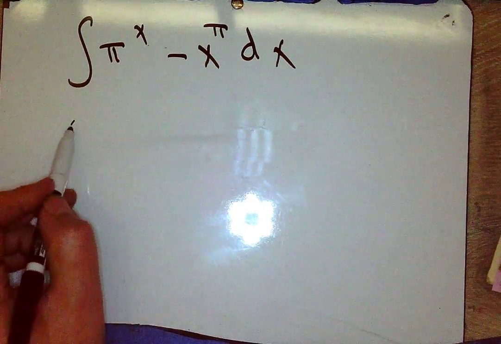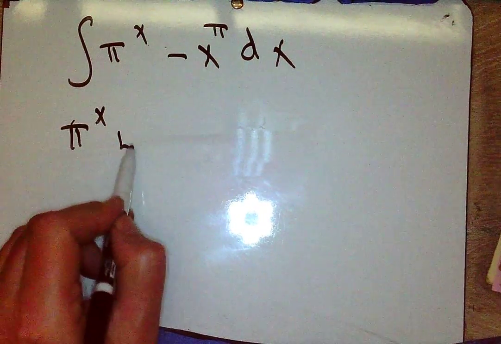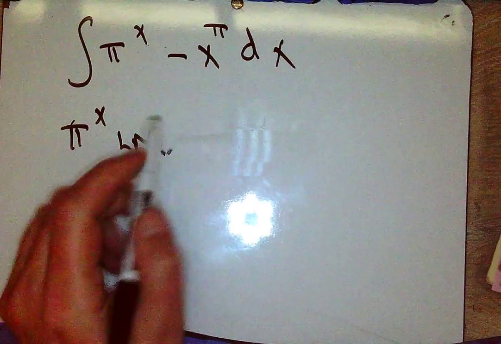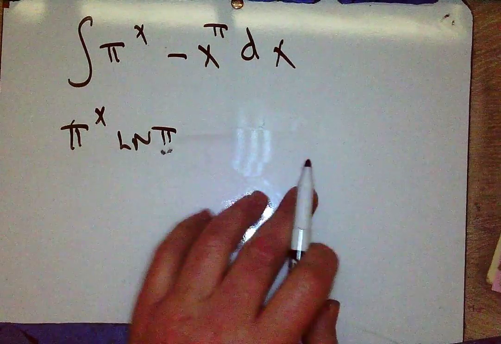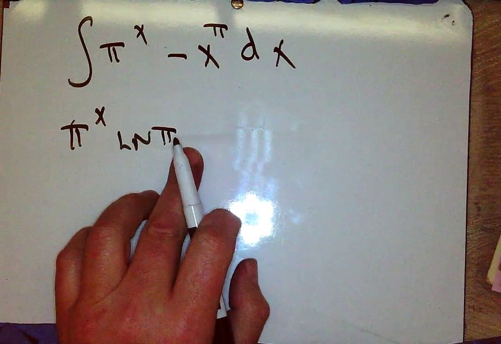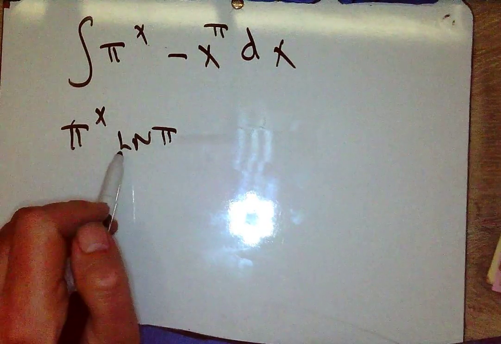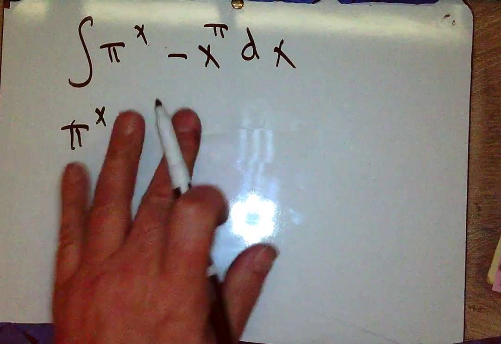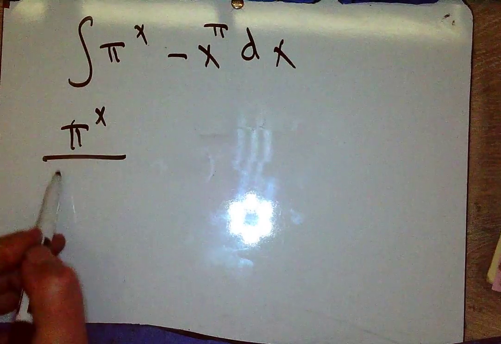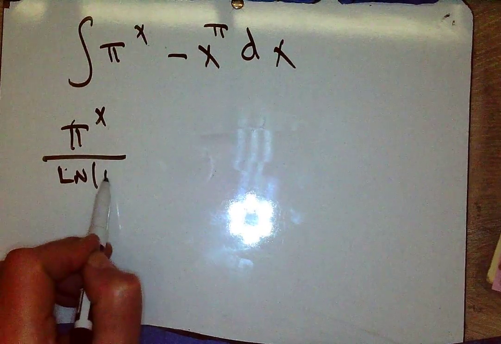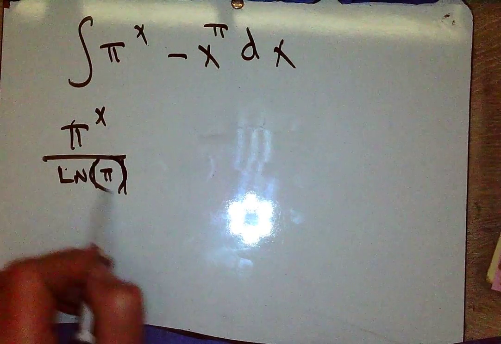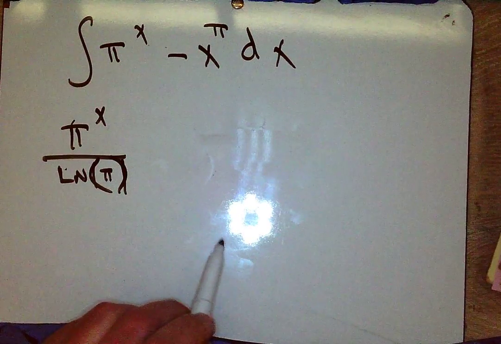The antiderivative here, pi to the x ln pi. No, Mr. Kukla. Come on. This is the derivative of pi to the x. We need the antiderivative. So ln of pi on the bottom. Why?